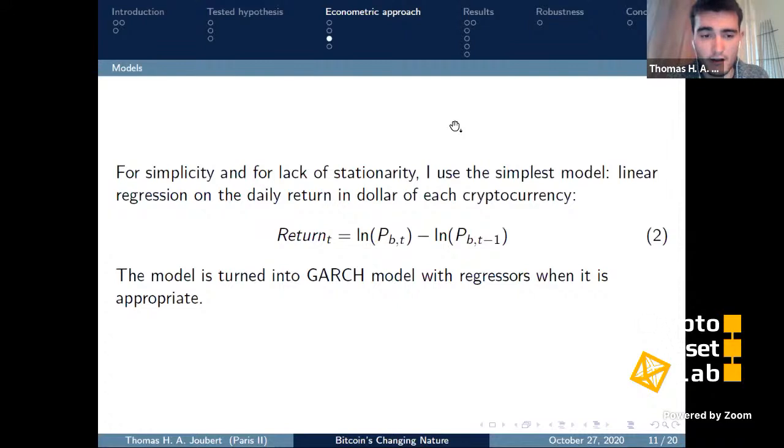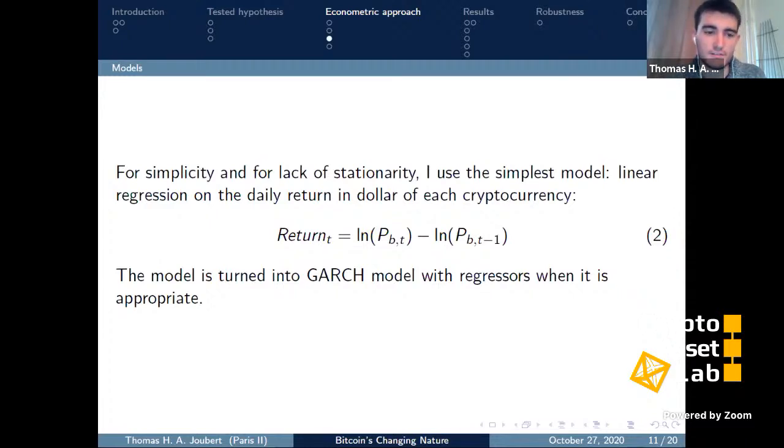Just like Eline, I estimate the daily return in dollars of cryptocurrency. However, I use, when it is appropriate, linear regression. It is important to have the same model all over the study, but most of the variables were not stationary at each period of study, so I could not use models such as vector error correction model, for instance.